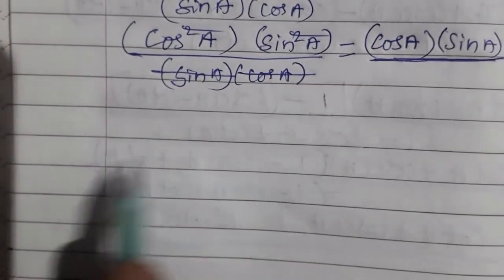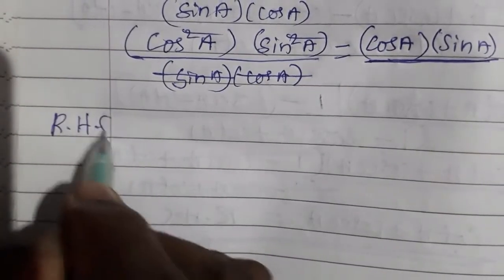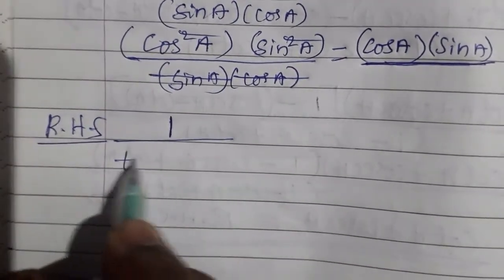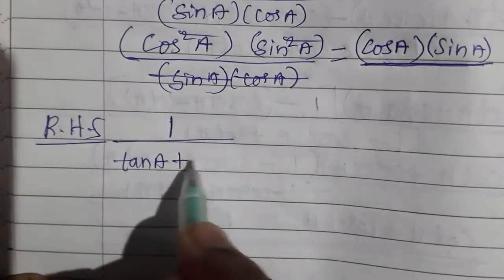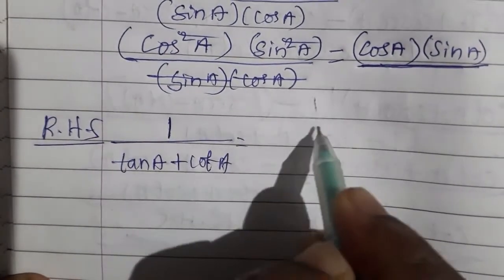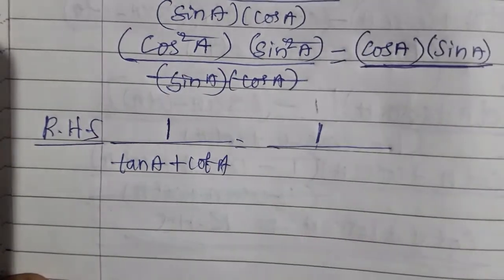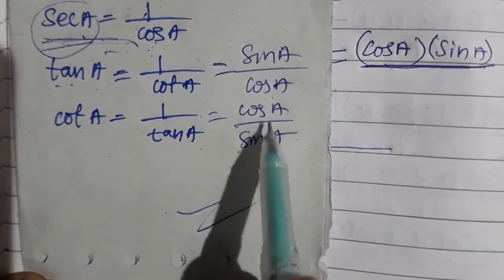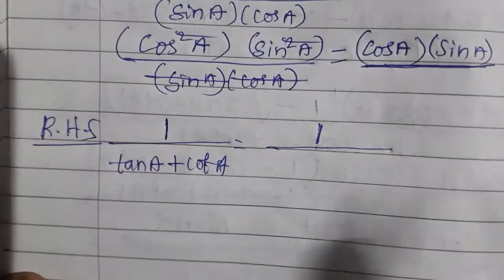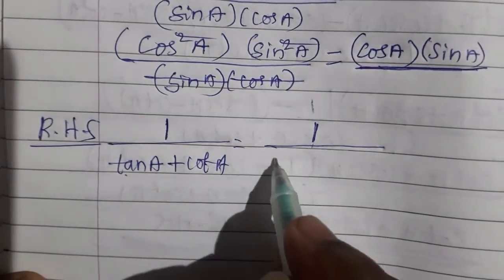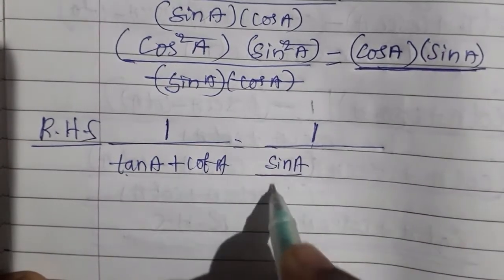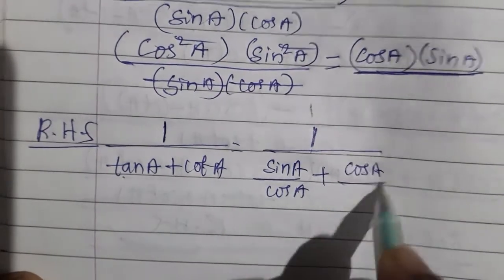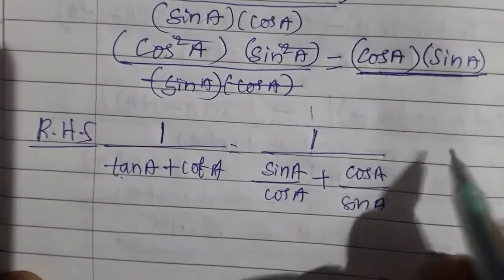So we have to select the RHS. What was the RHS? The RHS was 1 by tan A plus cot A. Now, what is tan? Tan is nothing but sin A by cos A. Cot is nothing but cos A by sin A. Introduce that. In place of tan A, I will replace it by sin A by cos A, plus, in place of cot A, I will write cos A by sin A. Okay.